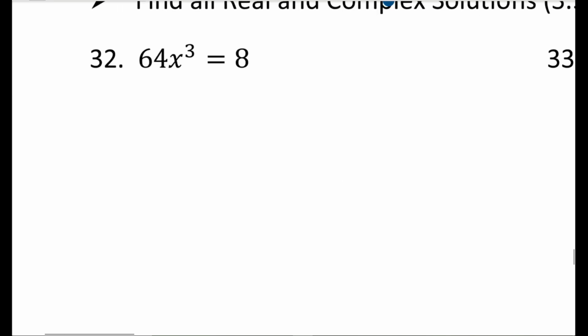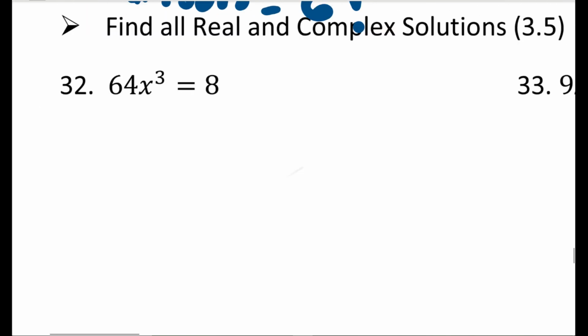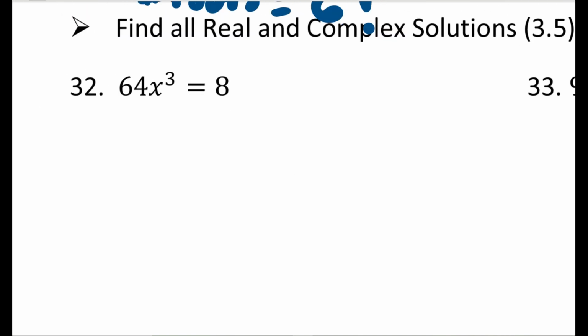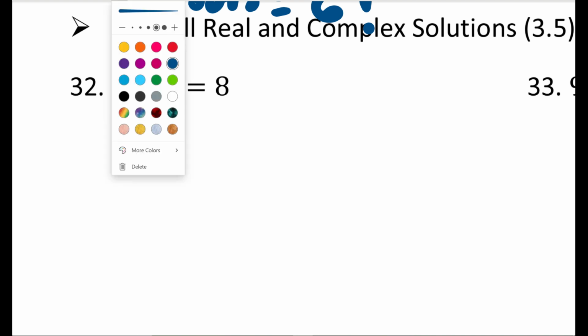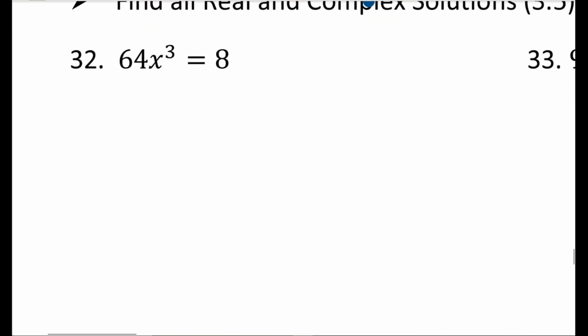All right. Find all real and complex solutions. So let's do that over here for this problem. If we want to solve this, let's subtract 8 on both sides.